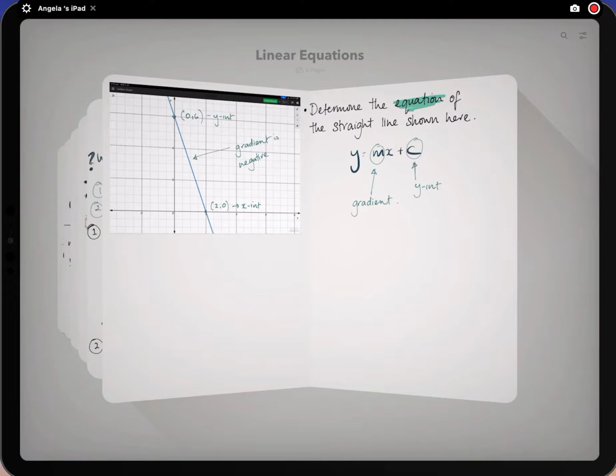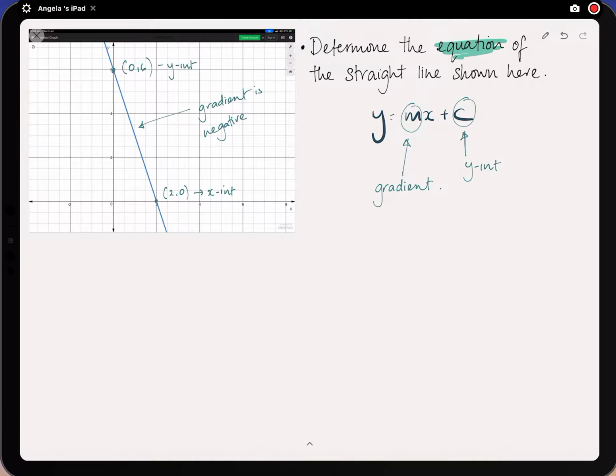So what do we know? Oops, sorry. So I like to write this down, at least when I was starting anyway. So we know the gradient is negative. And we actually also have 2 points of coordinates. So we have 2, 0 and 0, 6.